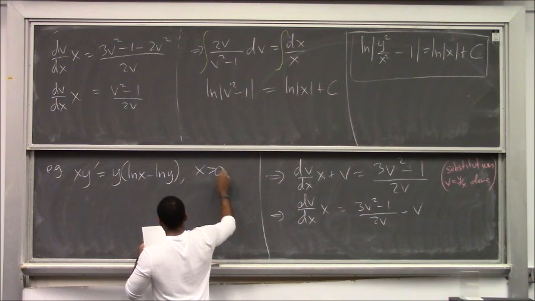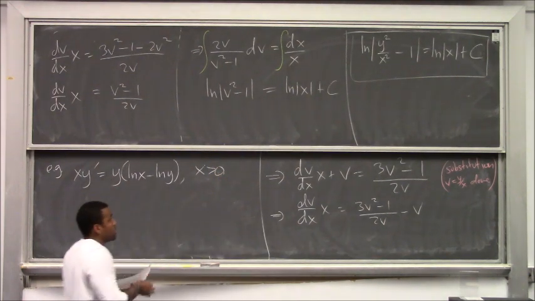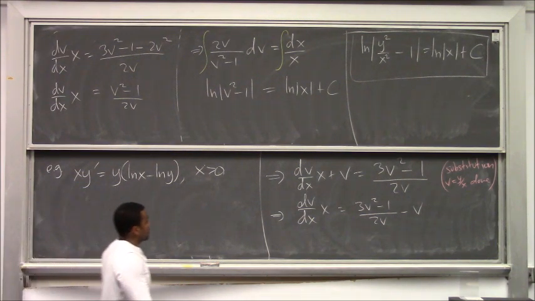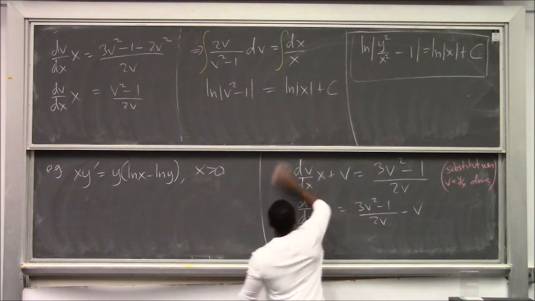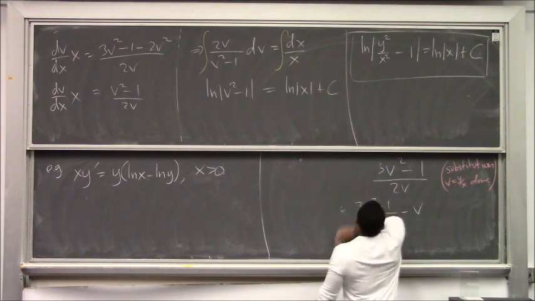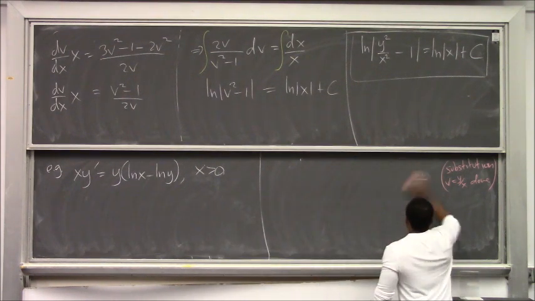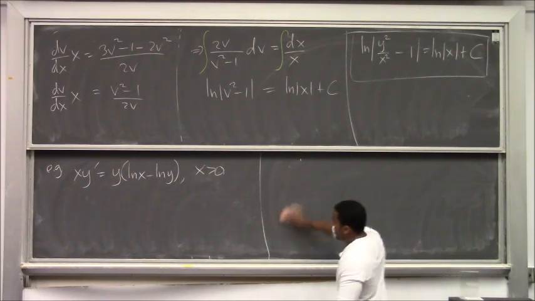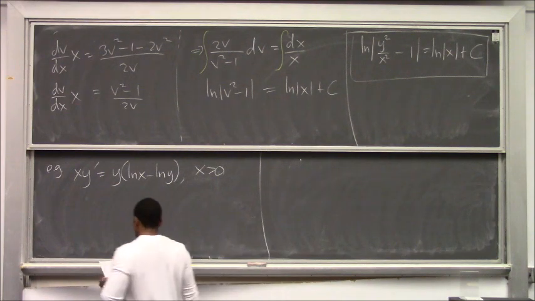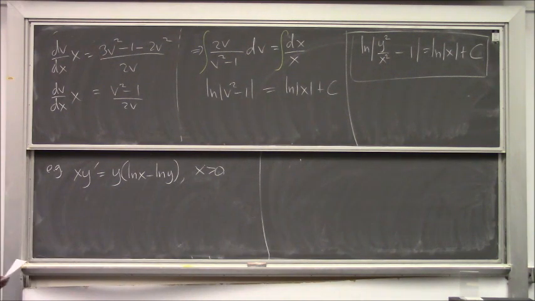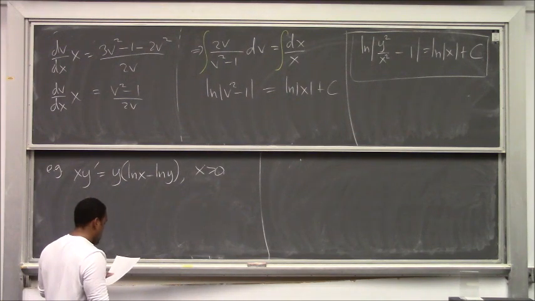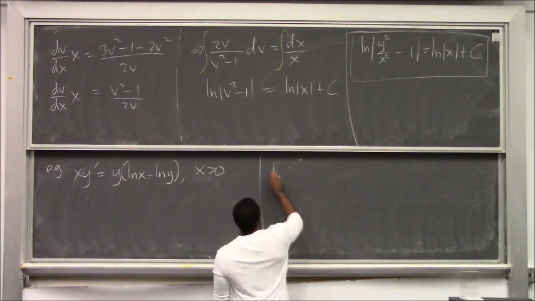There's a slightly nicer way to write this, but I won't mention it. It'll still be in implicit form, but without the logarithms. Anyway, try that one as well.